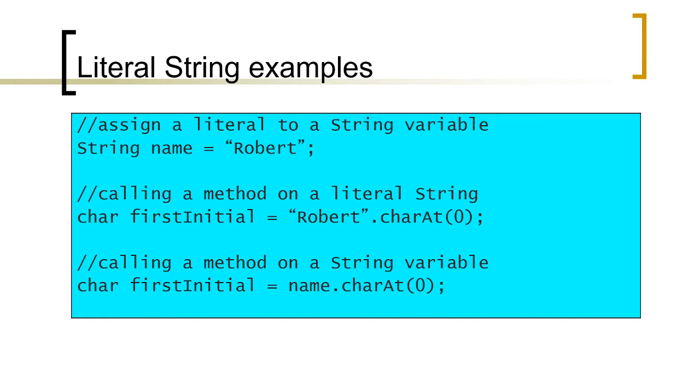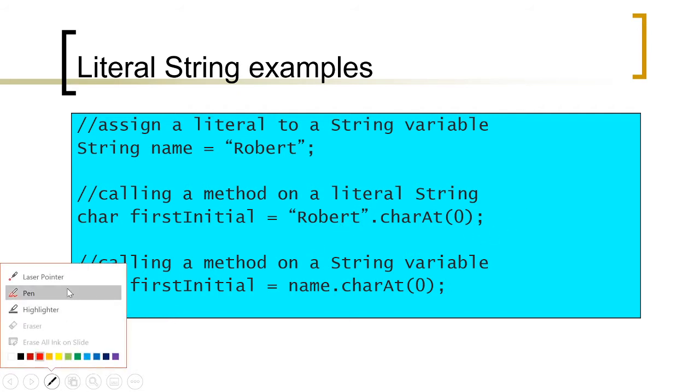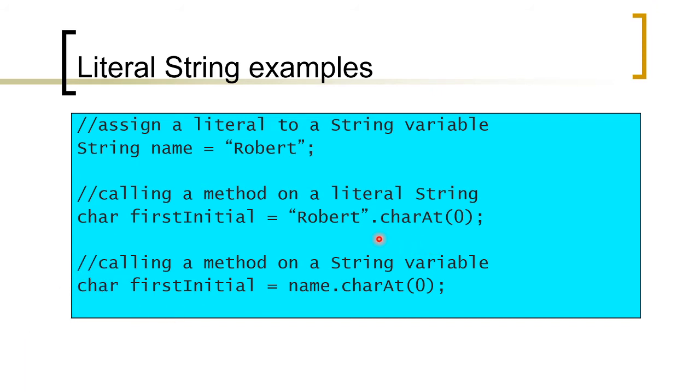For example, we have a string here, Robert, and then dot charAt, so we are actually calling the method charAt. It will return the character at the specified index.